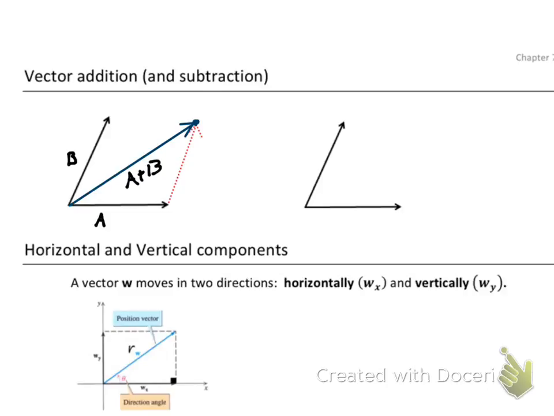Symbology-wise and conceptual-wise, this is different than B plus A, except it's going to result in the exact same answer. If I had to do B plus A, instead of starting with A, I'm going to start with B, and I'm going to add A onto it.